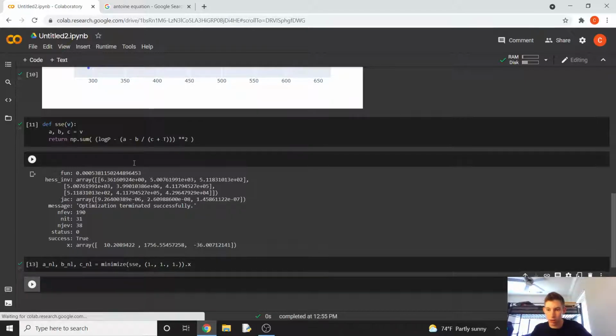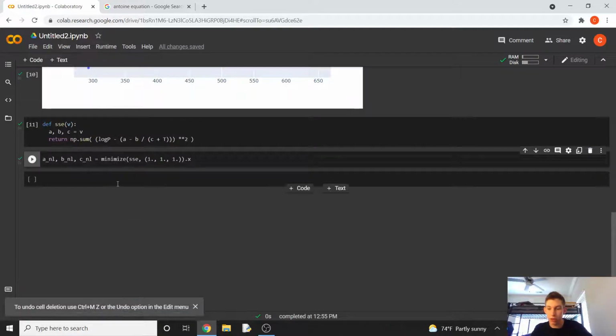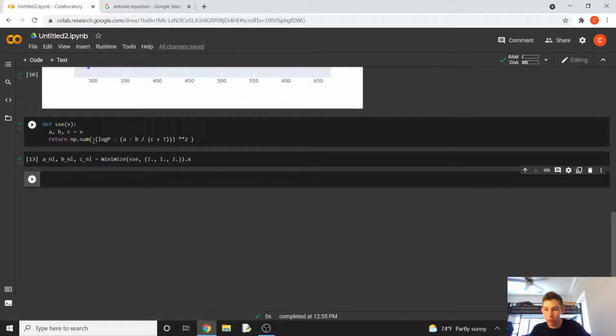So that should assign all of those correctly. So let's just say we want to see what these look like. Here. So then we have these values here.